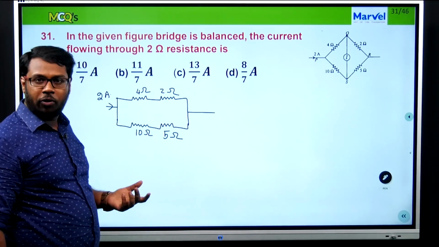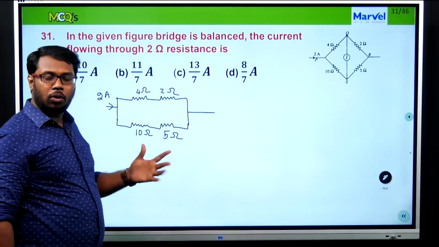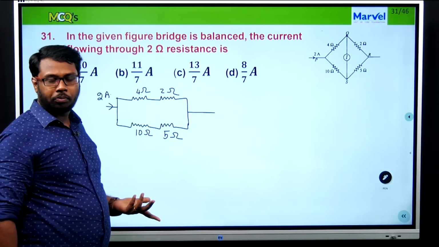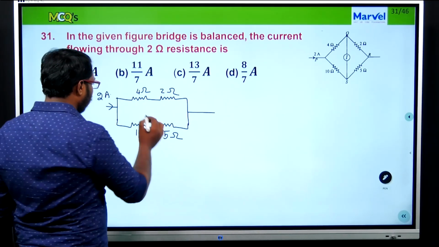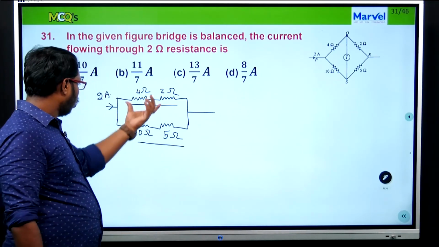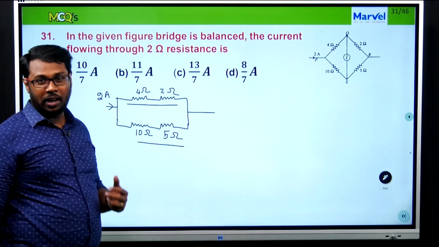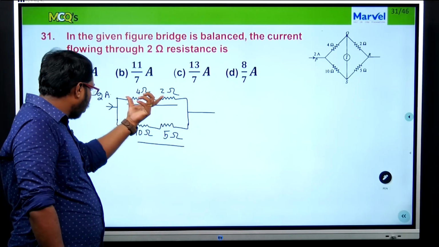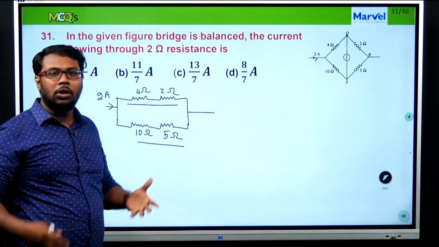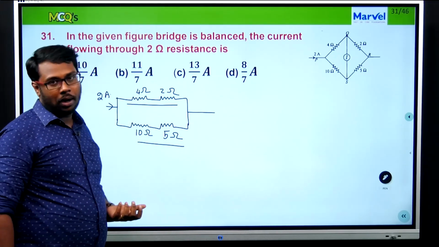So all you have to find is the ratio of the current. That's all. If you do that, you are completely done. And remember one thing, the potential drop on the upper branch and the lower branch is going to be the same, because both are connected in parallel.